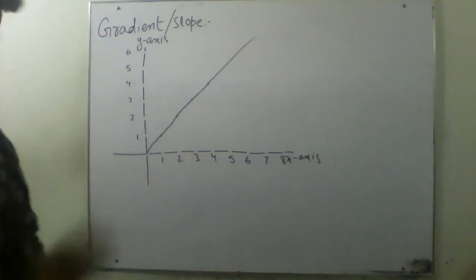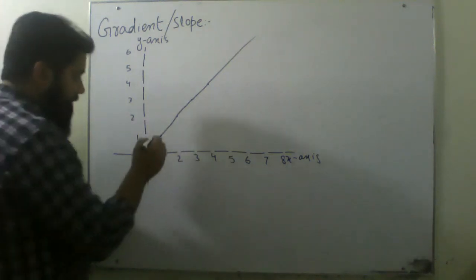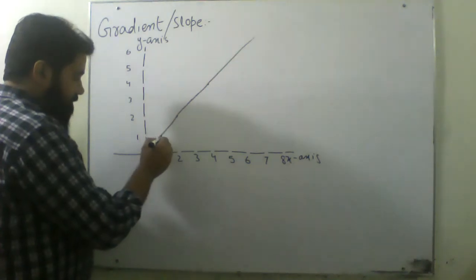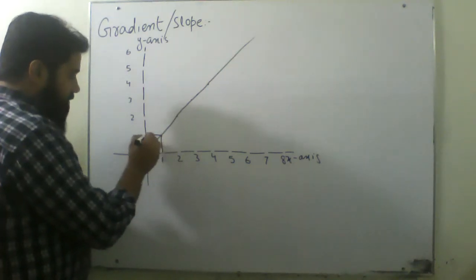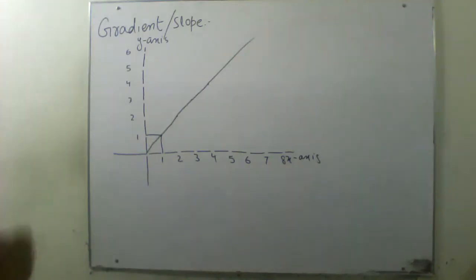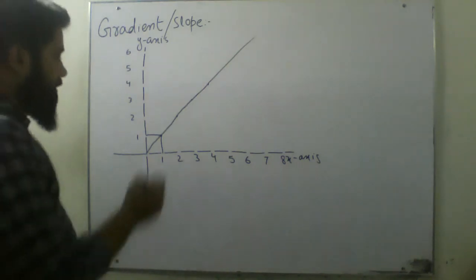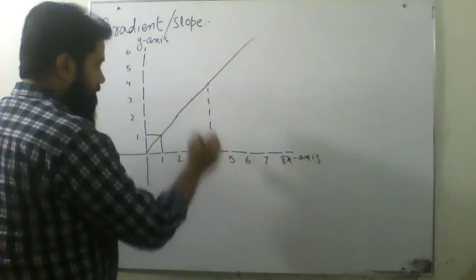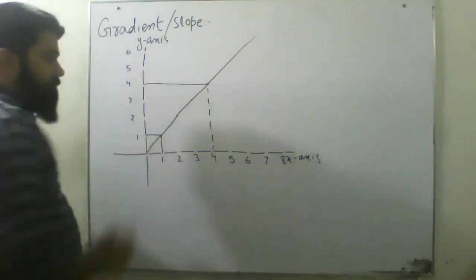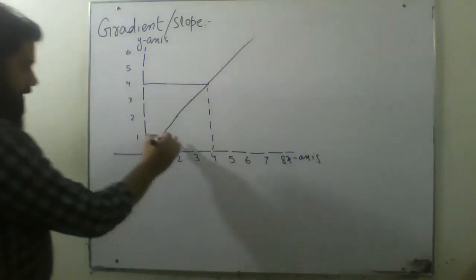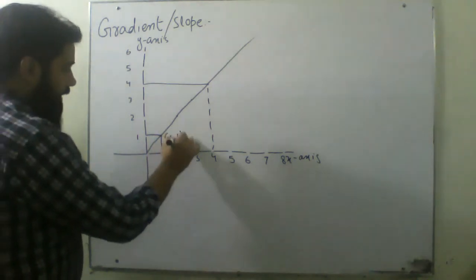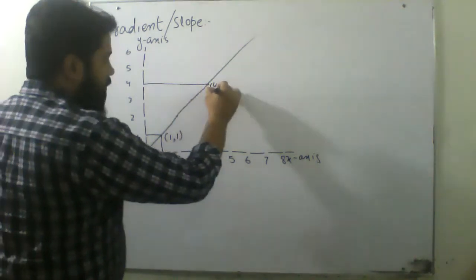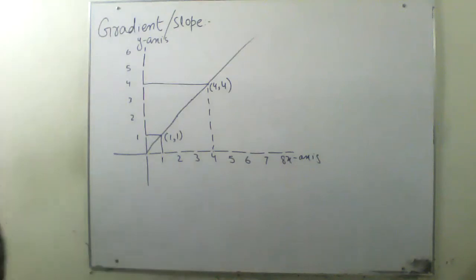First of all, I'm selecting these 2 points. This coordinate is 1 comma 1 and this coordinate is 4 comma 4.